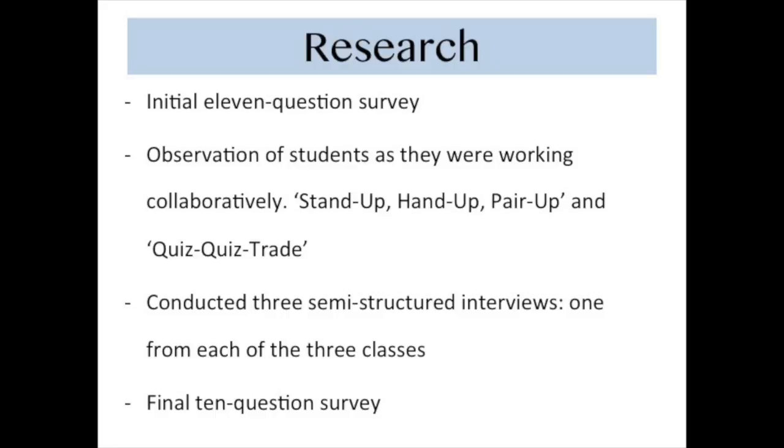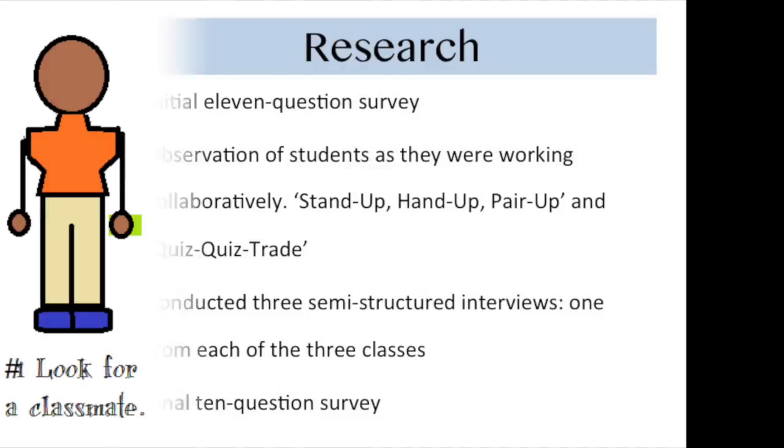I then also conducted 3 semi-structured interviews, 1 student from each of the different classes, so I could see their perceptions on their different grouping strategy. I ended my research by having the students complete another SurveyMonkey, which was 10 questions geared more towards the new grouping strategies.